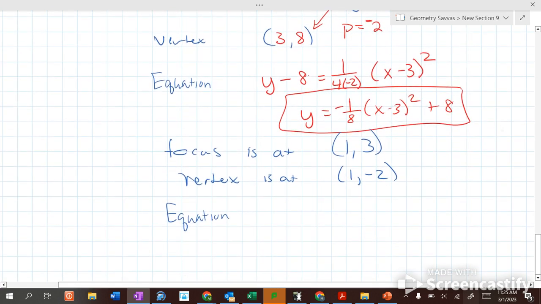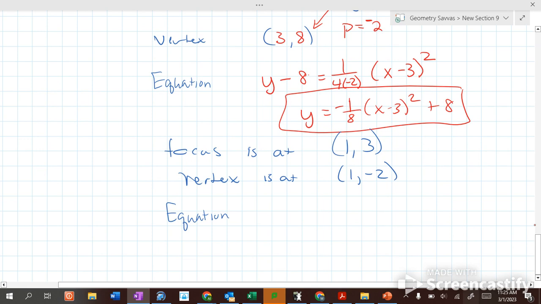Let's do that one more time. Focus is at 1, 3, vertex is negative 2. How far are they away from each other? 5. So p equals 5. Is the focus above the vertex? Yes, so it's a positive.